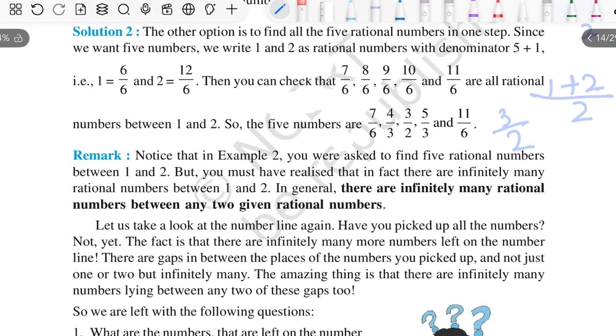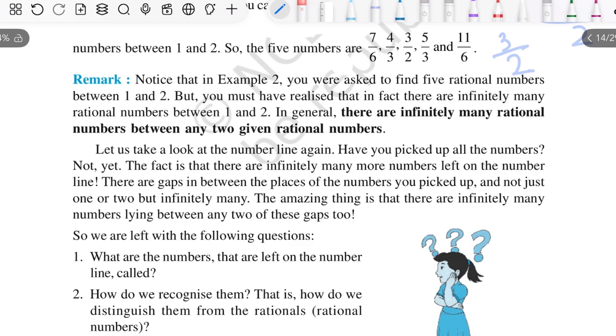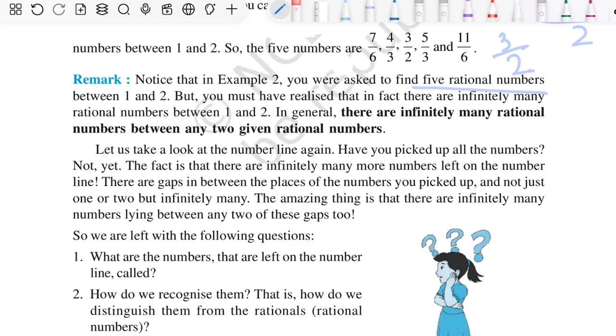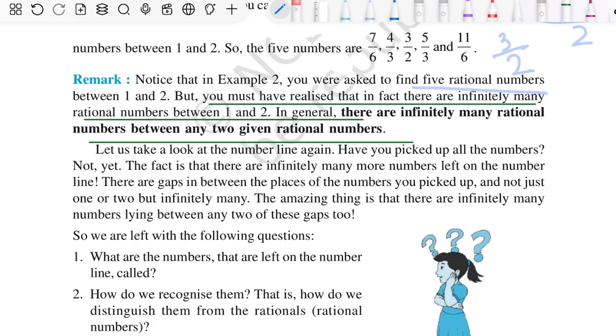There are many ways, and there are infinitely many rational numbers between any two numbers. Notice that in Example 2 you are asked to find 5 rational numbers between 1 and 2. But you must have realized that in fact there are infinitely many rational numbers between 1 and 2. In general, there are infinitely many rational numbers between any two given rational numbers.